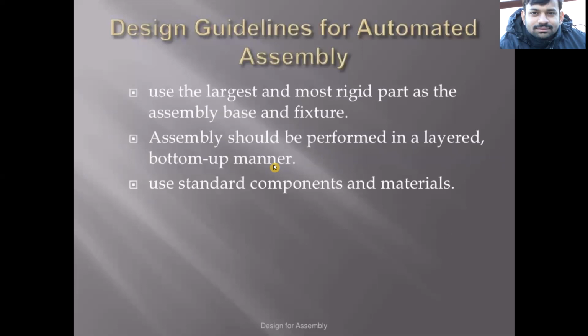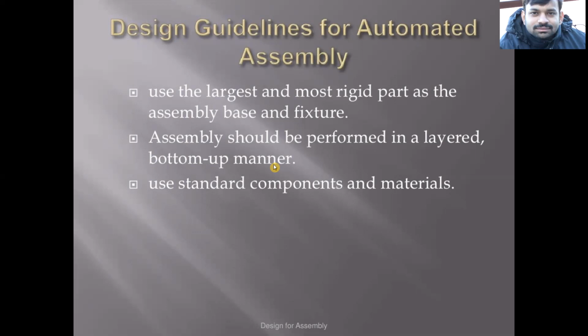Then use the largest and most rigid part as the assembly base or fixture. For example, in a lathe, the bed of the lathe is the largest and the most rigid part, so it is the base and fixture of the assembly.